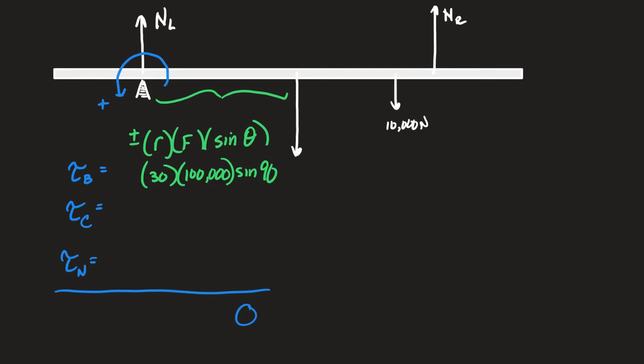Think about it. So you have to ask yourself, will this force cause the bridge to rotate this way, or will it cause the bridge to rotate this way? Do you understand why it's negative? Yes. Okay. So it's negative. Great.